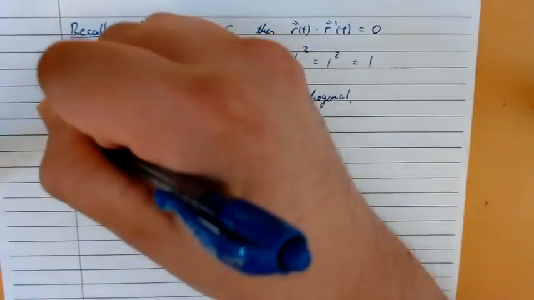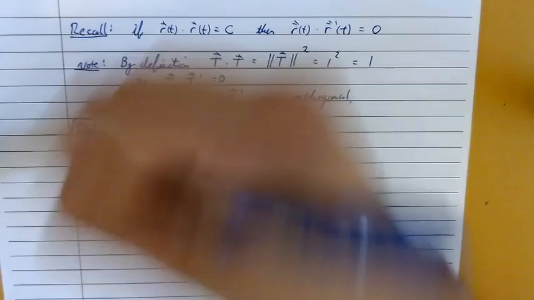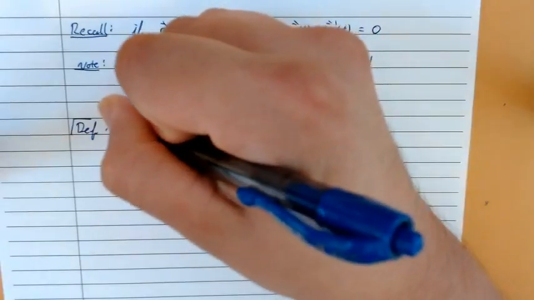This brings us to a definition. Let's begin with a vector-valued function r of t.